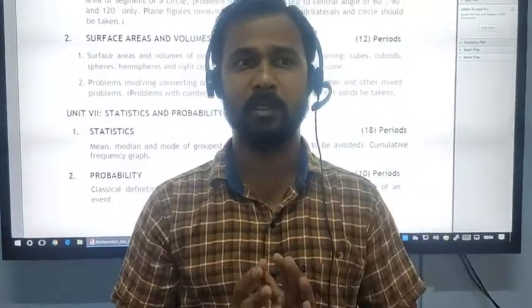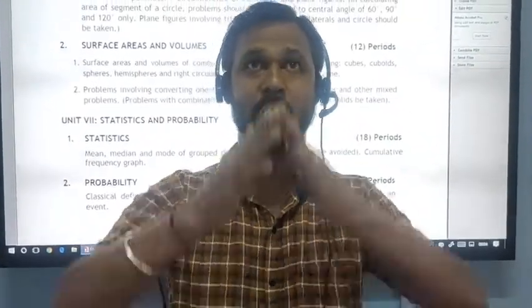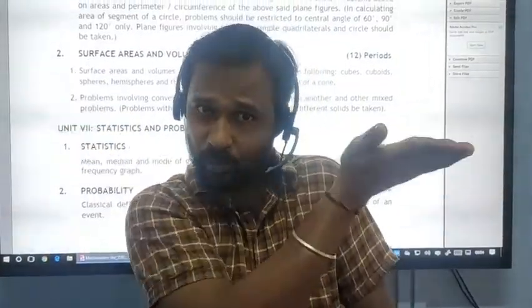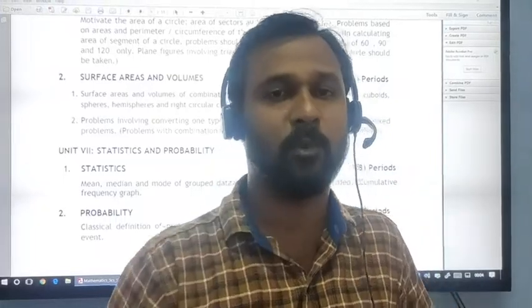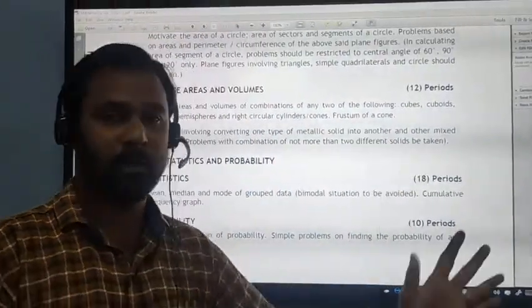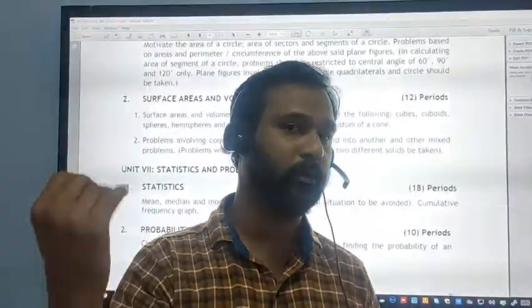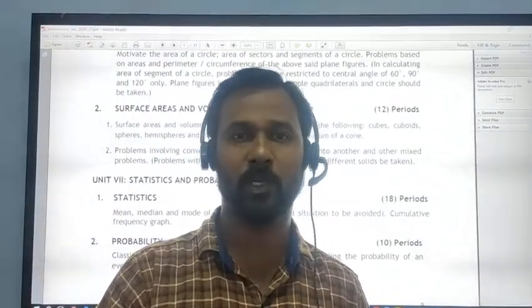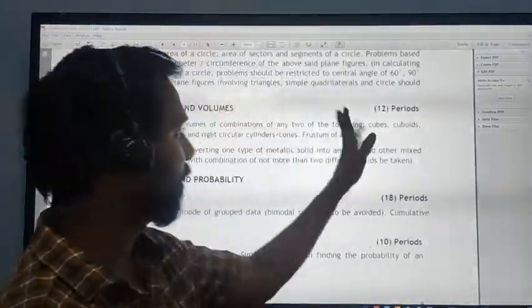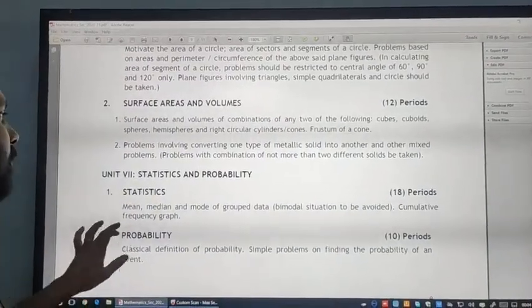Therefore, the frustum of a cone is what remains when you cut off a smaller cone from a bigger cone. There will be ready-made formulas to find the surface area and volume of a frustum of a cone. So the same 6 figures we saw in 9th class plus the frustum of a cone.